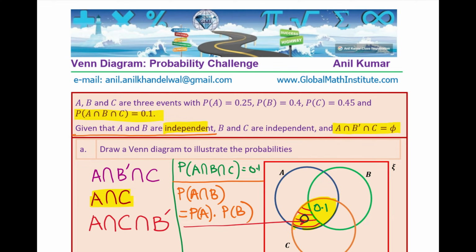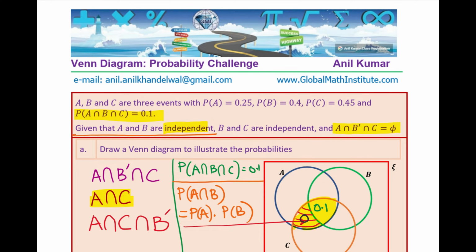So if the events are independent, the probability of A and B is same as probability of B and A, and it is same as product of probability of A and B, correct?